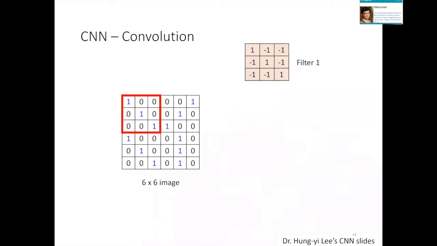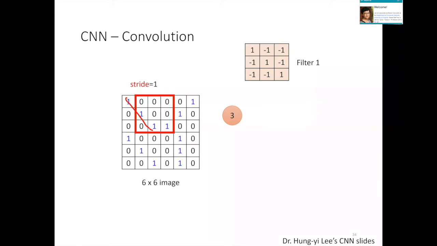So for the first filter, I just apply it. It's a sliding window operation. If the stride is 1, because I'm sliding with overlap, I only jump 1. So that's called stride equal to 1. For the first position, because that exactly matched my filter, it really fired and gave me 3.